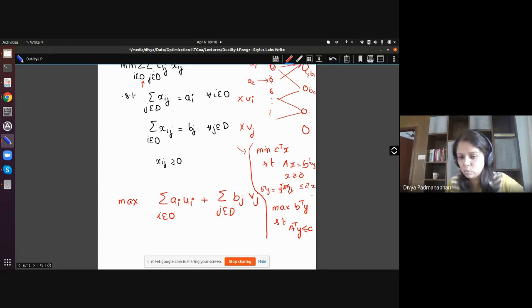So there's no constraint on Y, and this becomes the dual. I hope it's clear how I wrote the dual for this problem.